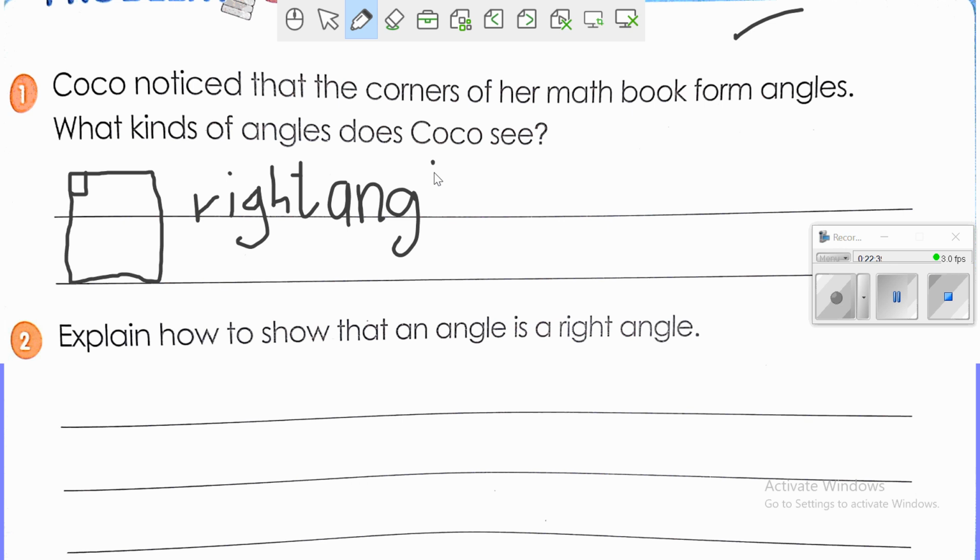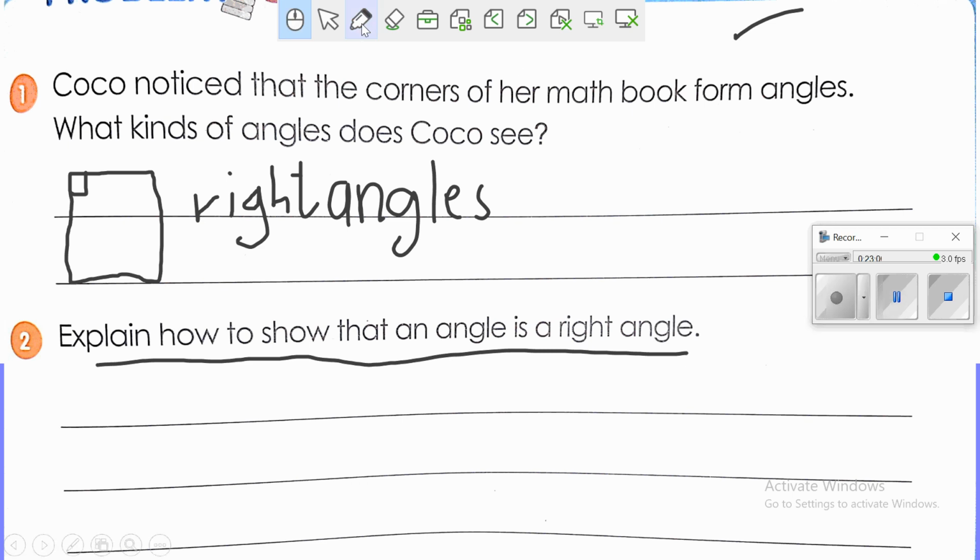Number 2. Explain how to show that an angle is a right angle. How do I show this is a right angle? Do you remember when all the time I'm drawing the right angle? Can you notice how I draw the corner?